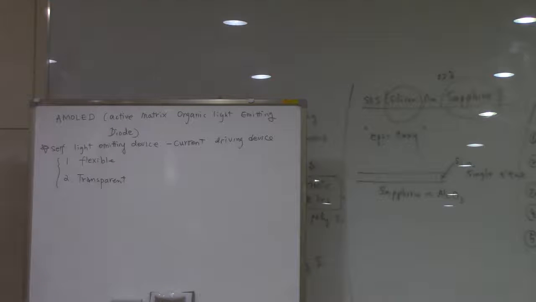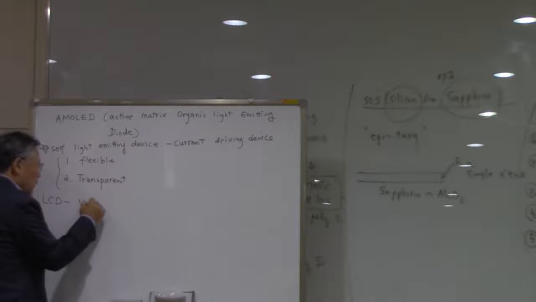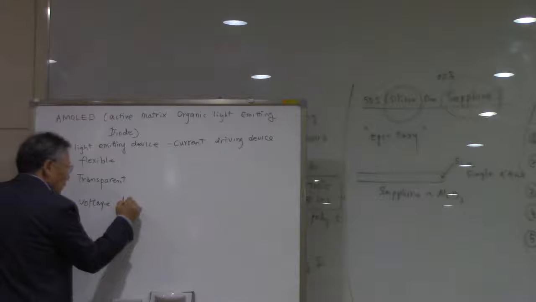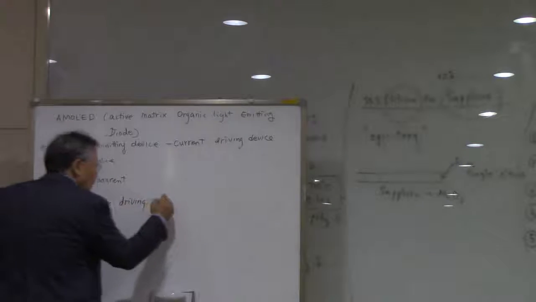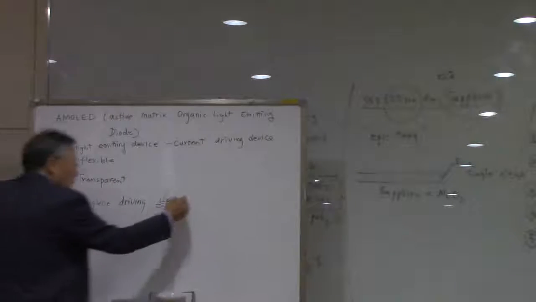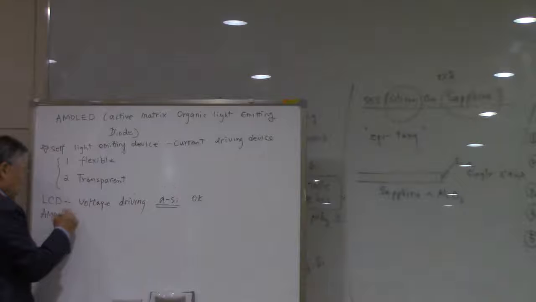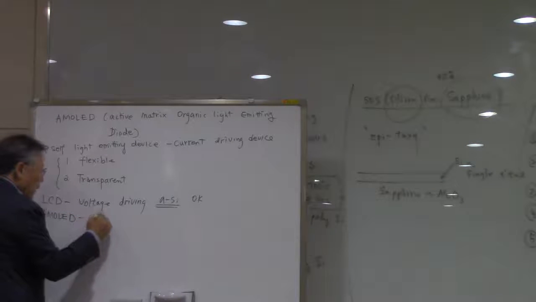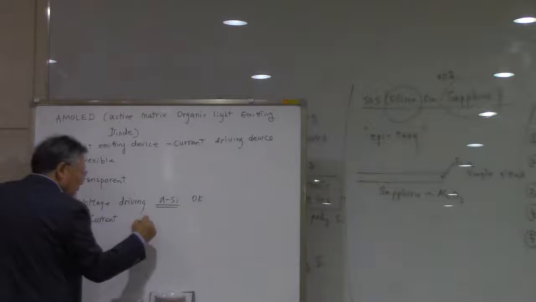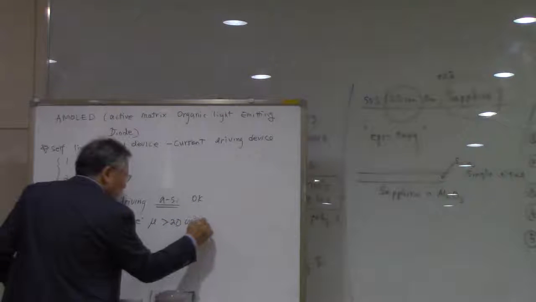Now the problem is, LCD is voltage driven, so you can use amorphous silicon, no problem. Amorphous silicon is okay. But AMOLED is current driven, and electron mobility has to be greater than 20 centimeter square per volt-sec.